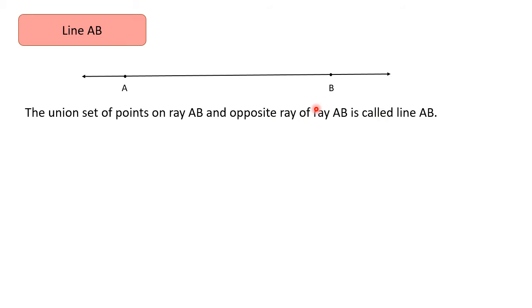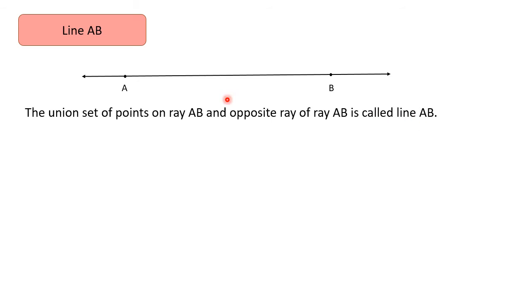What is this definition? A union set of points means together all the points on ray AB, so A to B, this is the direction. So this is one ray and opposite ray of ray AB, what is opposite ray? BA. So this is one ray and this is another ray. Both rays are opposite and that is called as line AB.